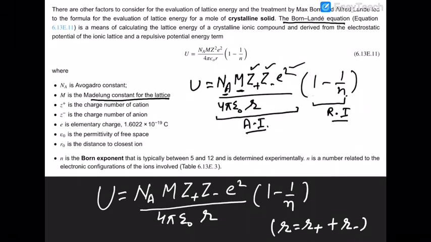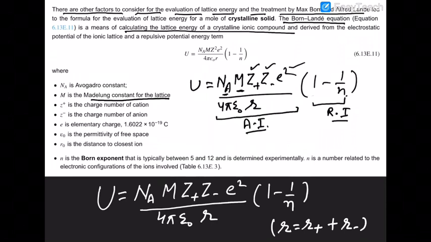So there are factors to consider for the evaluation of lattice energy, and the treatment by Born and Lande. While calculating the lattice energy of a crystalline solid, they derived an electrostatic potential of the ionic lattice and a repulsive potential energy term. So this is the attractive potential energy term and that is the repulsive term. When both are combined, the net value comes.